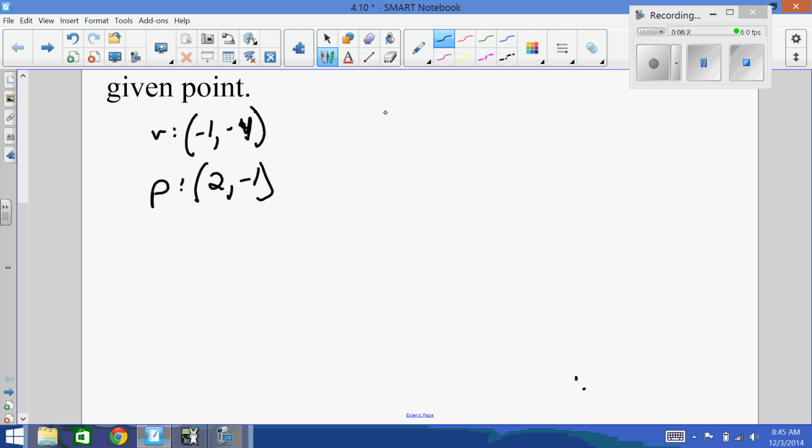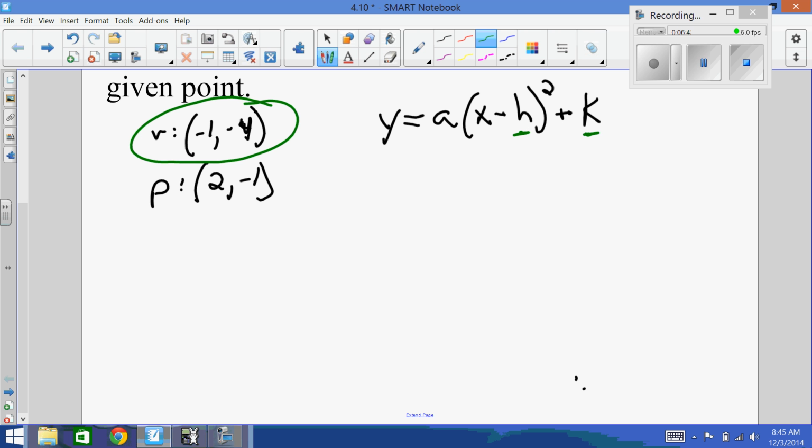All right, so the formula is y equals a times the quantity x minus h, quantity squared, plus k. Now, if you remember, h and k come from your vertex. So I'm going to go ahead and plug those in. So I got x minus h. h is -1, but then I got the minus in front.